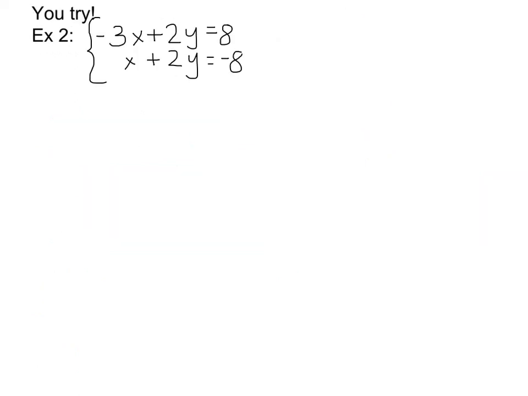Our second example, I want you guys to press pause and solve. Again, remember you are solving by graphing, so make sure both of your lines are in slope-intercept form. I'm going to take my first equation, which is -3x plus 2y equals 8, and I'm trying to get it in slope-intercept form, so to move -3x to the other side, I need to add 3x.